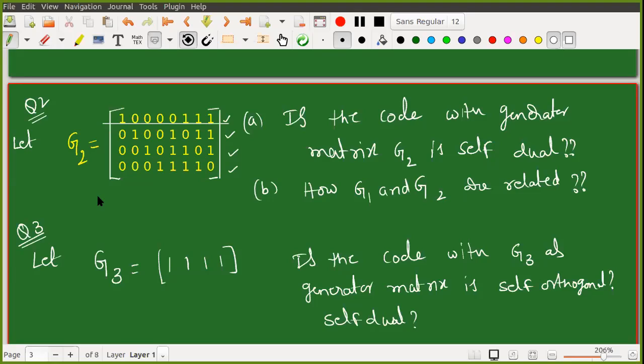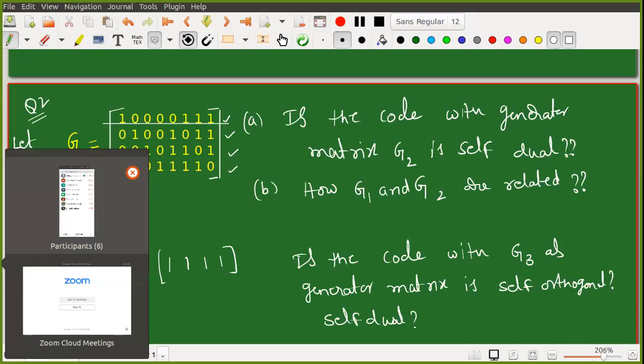That means what is the weight? For which code words are they orthogonal to themselves? Can you tell me in terms of weights? A code word orthogonal to itself, what can we say about the weight of that code word?